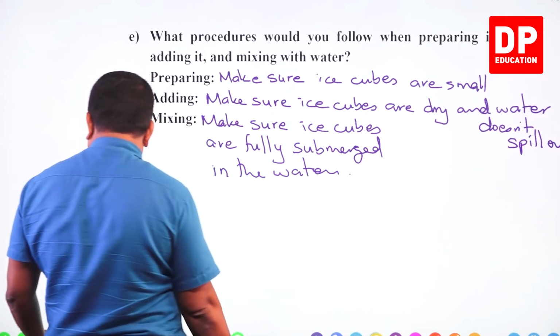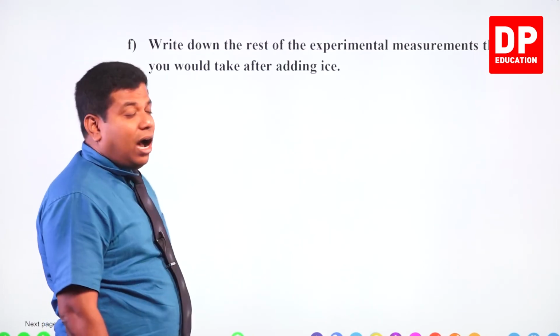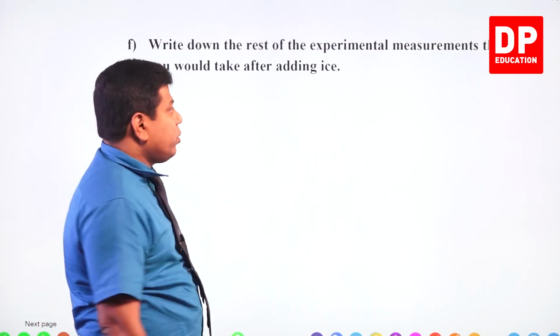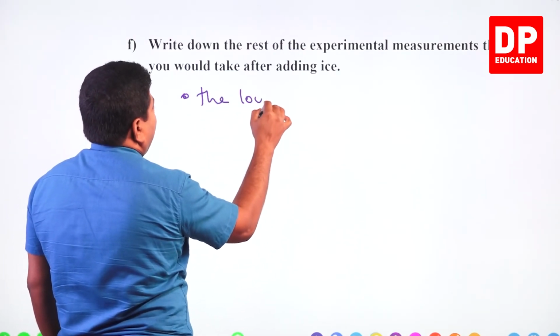Simple, very simple. Next. Write down the rest of the experimental measurements that you would take after adding ice. After adding ice, what do you take? The lowest temperature.